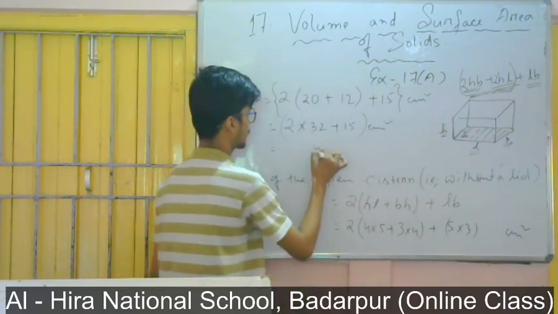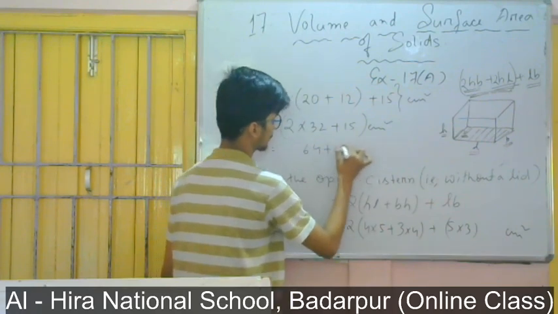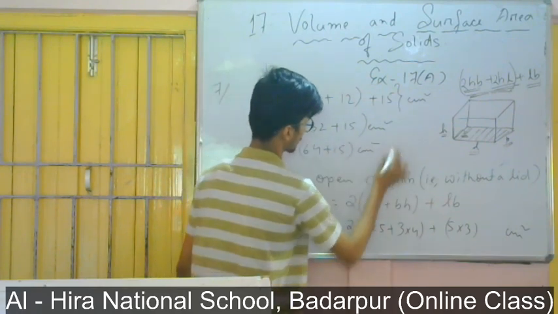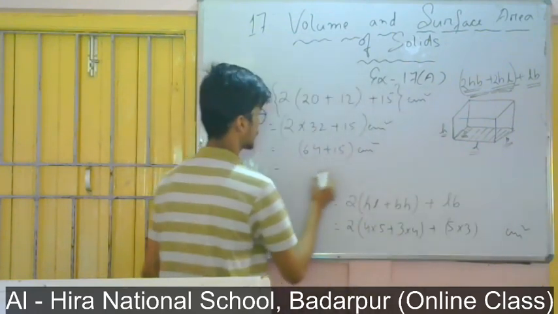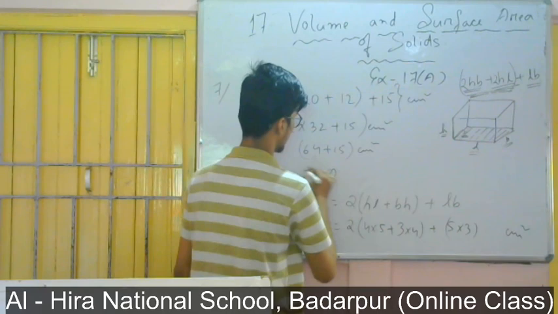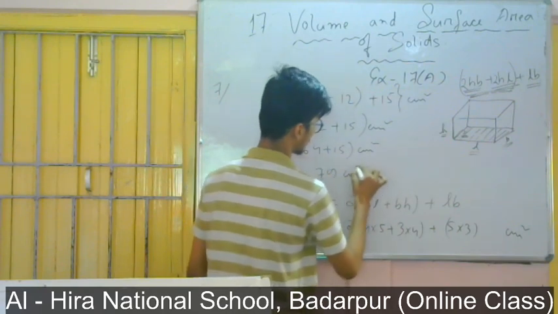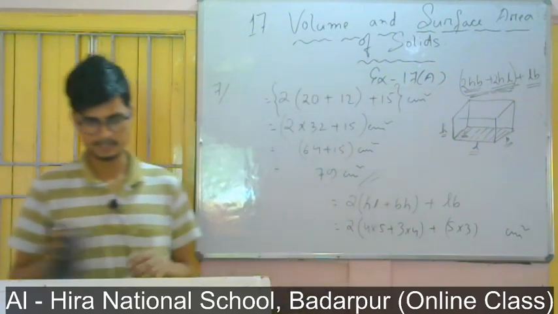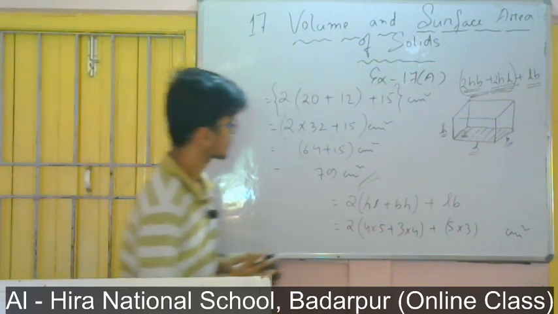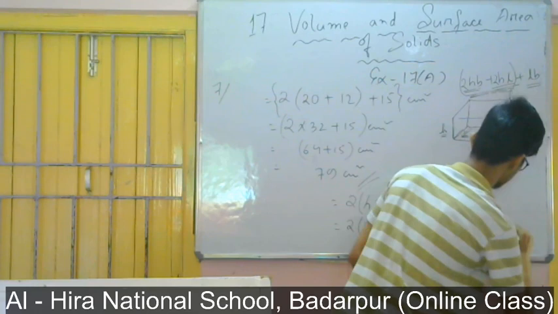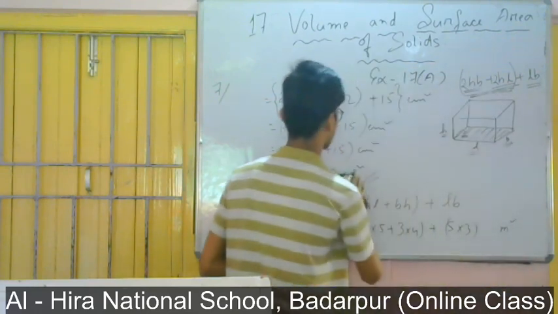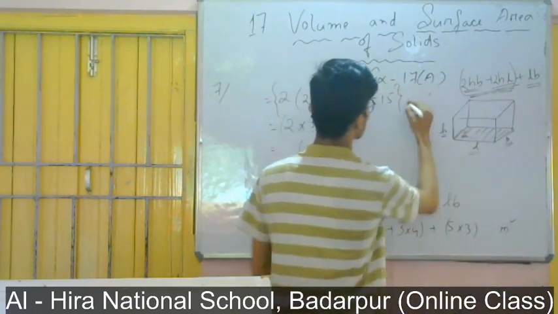So 2 2s are 4, 3 2s are 6, 4 plus 15 centimeter square, which is equals to 5 6 7 8 9 and 6 and 1 7, 79 centimeter square. 79 sorry, unit is in meter, not centimeter, unit is in meter. So everyone you rub this one and write meter square.